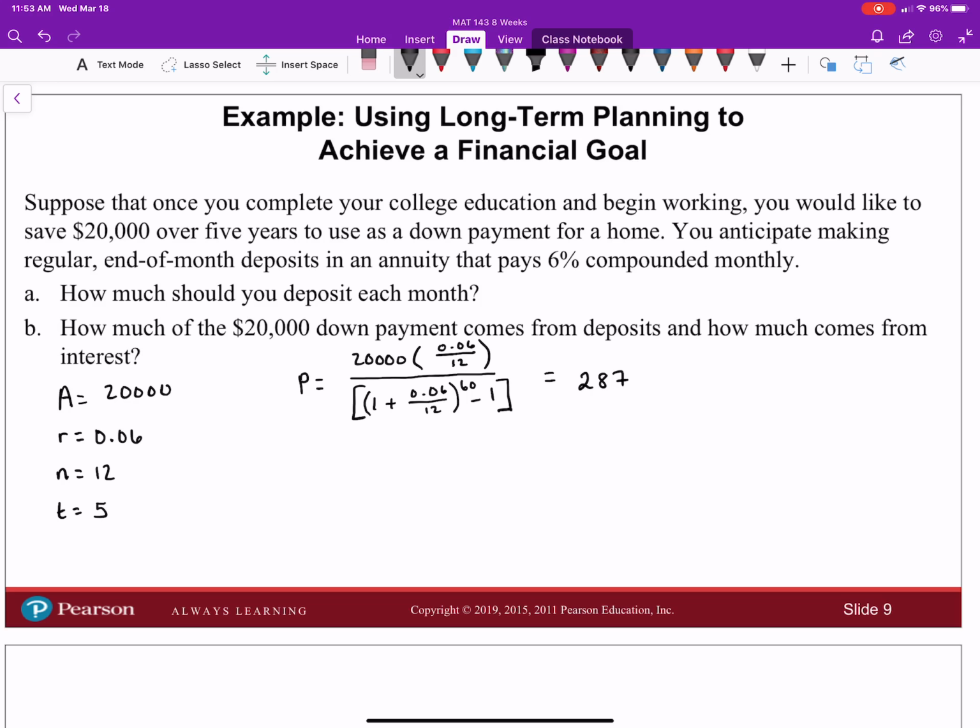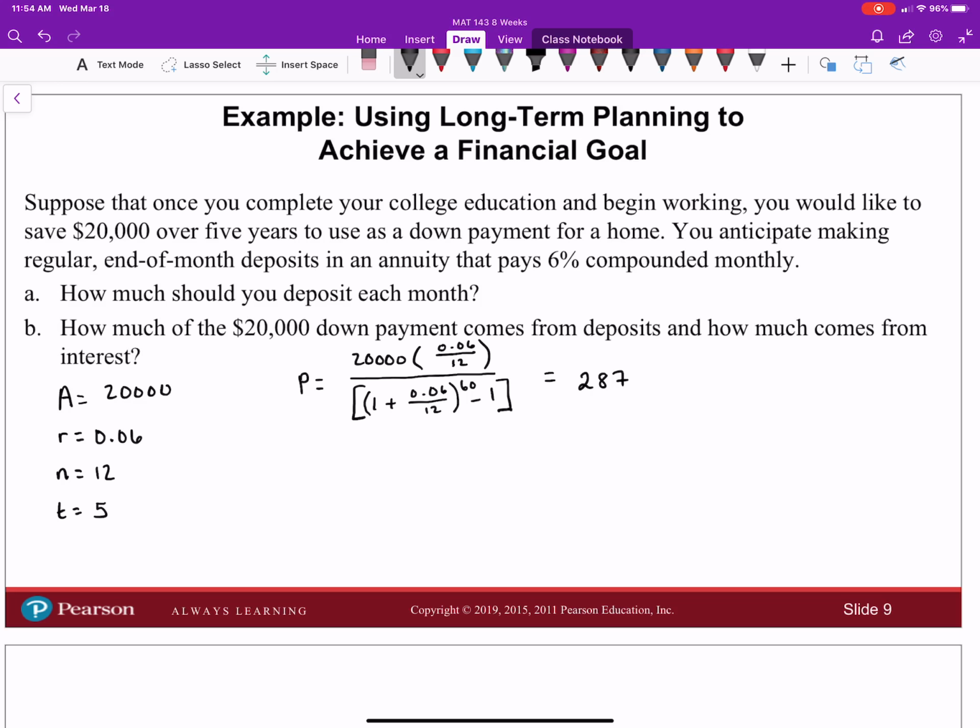So now for part B, we're looking at the total deposits. We're looking at how much of the $20,000 down payment comes from the deposits and how much comes from the interest.